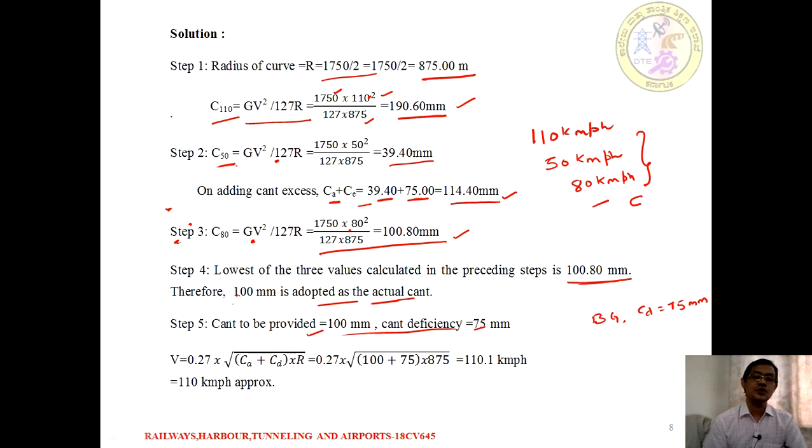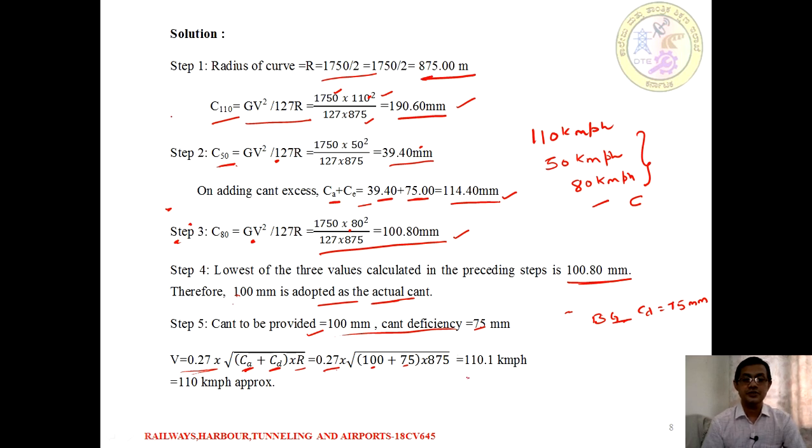So to know the operating speed, we use the standard formula V is equal to 0.27 multiplied by the square root of (actual cant plus cant deficiency) multiplied by the radius of the curve. Substituting here, 0.27 is a constant, 100 is the actual cant we are providing, and cant deficiency is 75 mm for a broad gauge track, multiplied by the curve radius of 875.